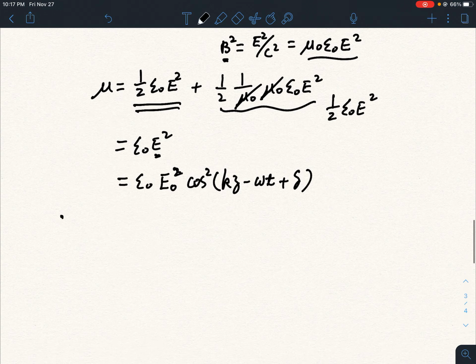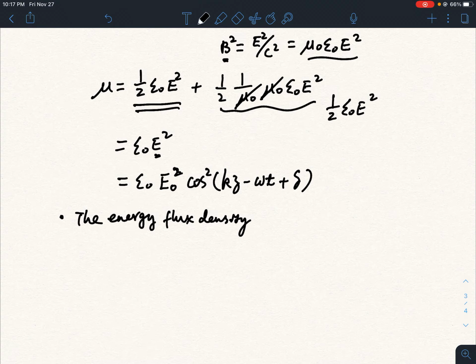Okay, last time we also talked about the energy flux density, which is really the energy per unit area per unit time.